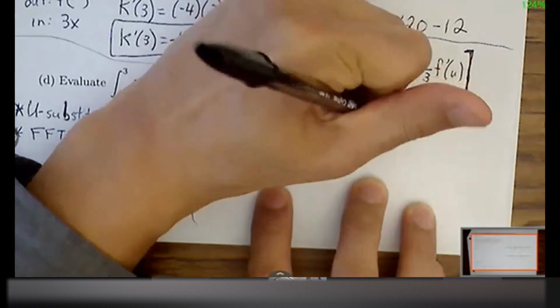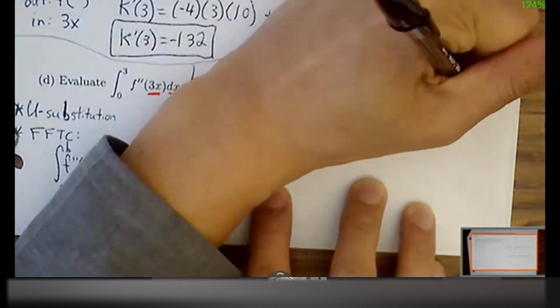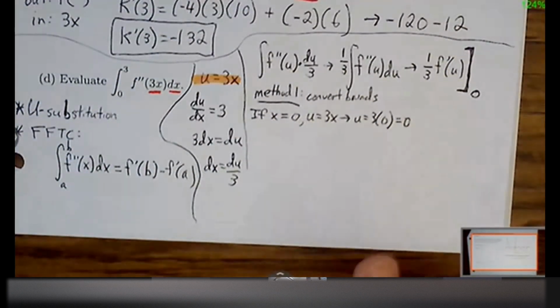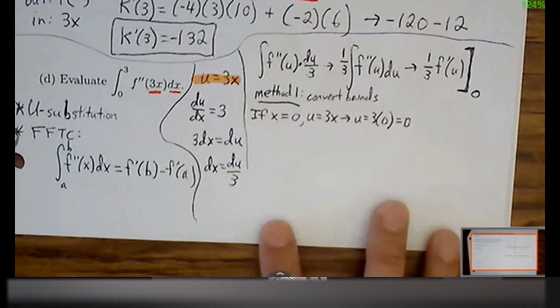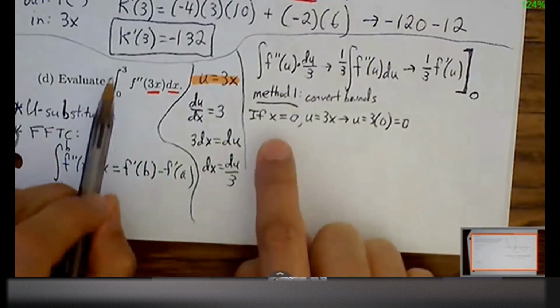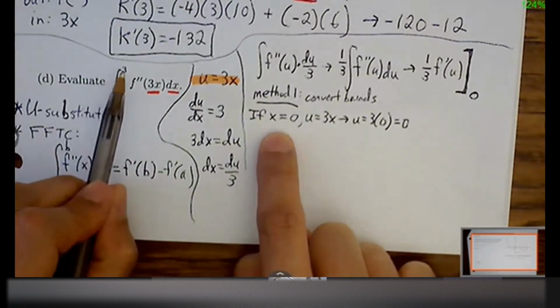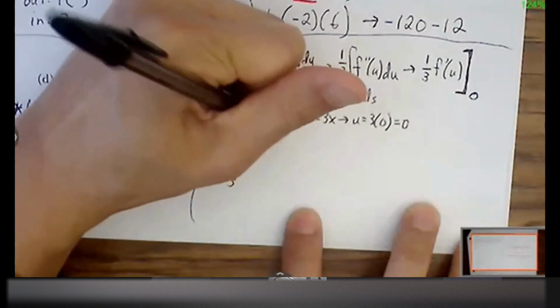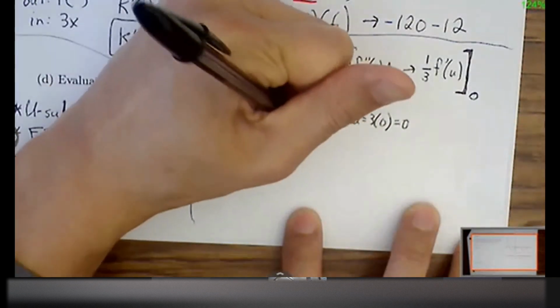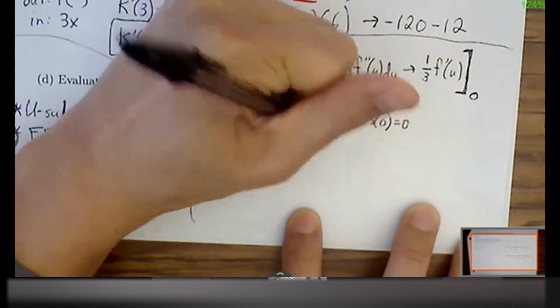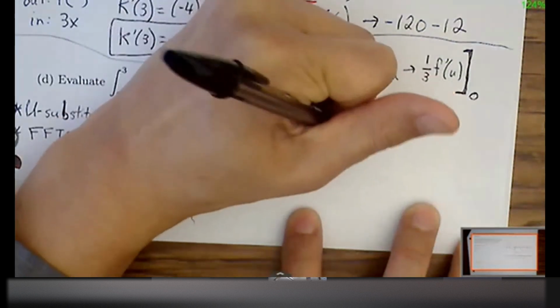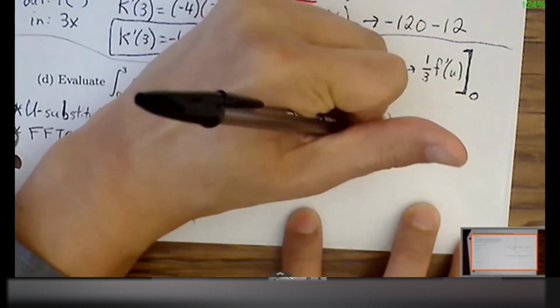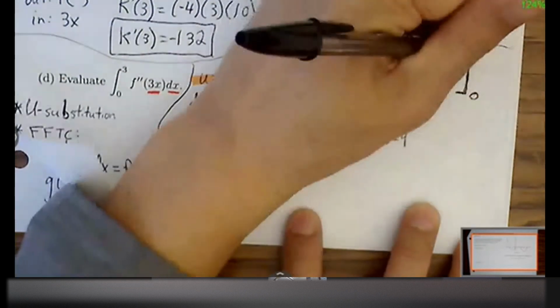Okay, so it looks like it ends up giving us the same lower bound, but we still have to make sure we went through that conversion process. My old upper bound in terms of x is 3. Which is now 9.